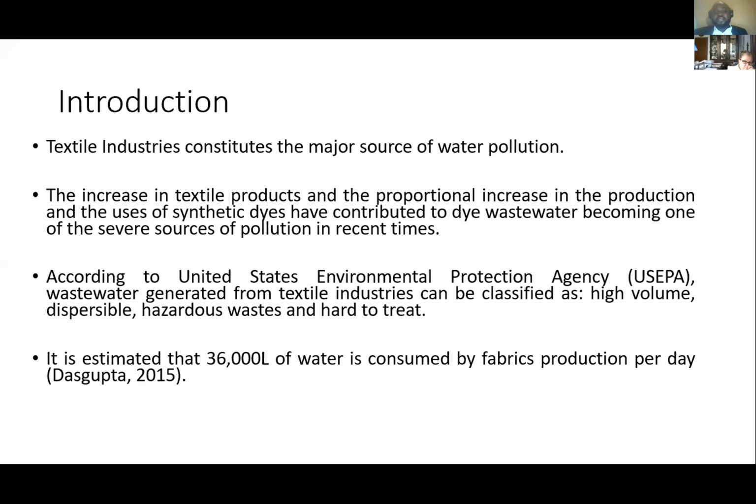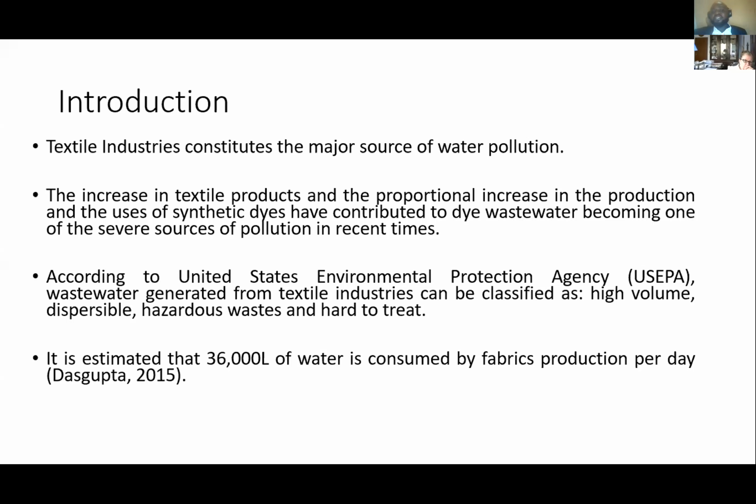According to the United States Environmental Protection Agency, it is well known that wastewater generated from the textile industry can be classified into 4 categories: high strength, dispersible, hazardous, and hard to treat.